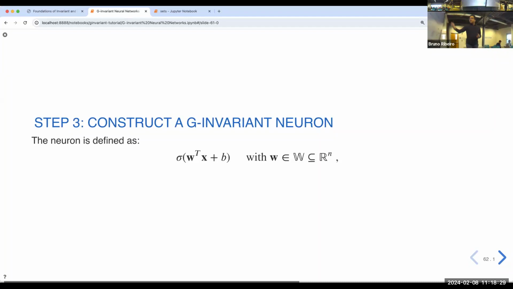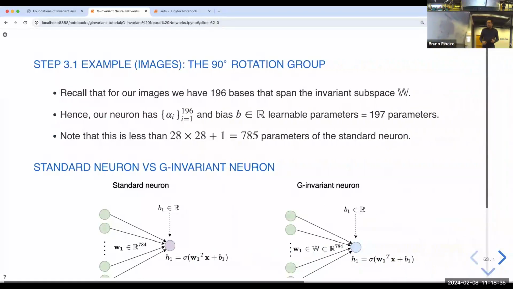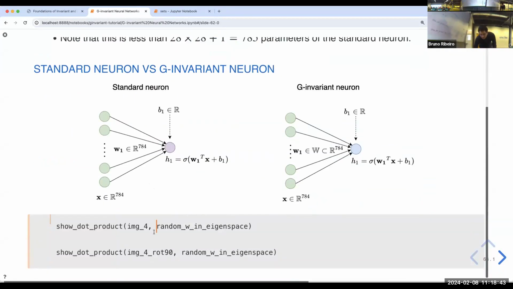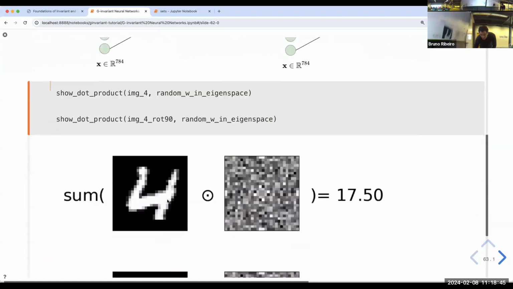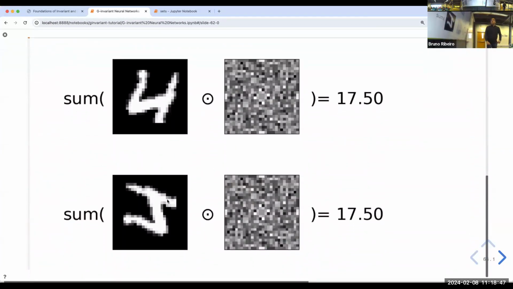Now let's construct this G-invariant neuron. Let's look at the parameter in the subspace. Now we know how to do it, right? We have these 196 parameters for our eigenvectors. Let me show you this interesting thing.